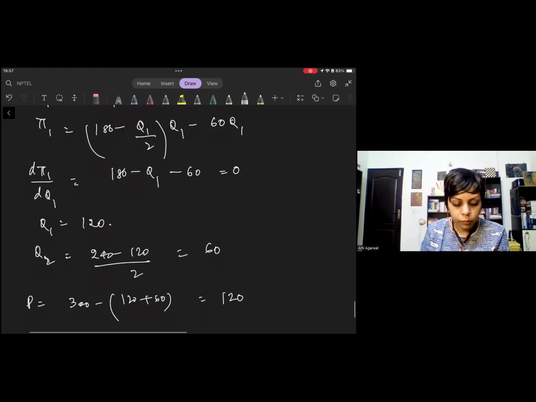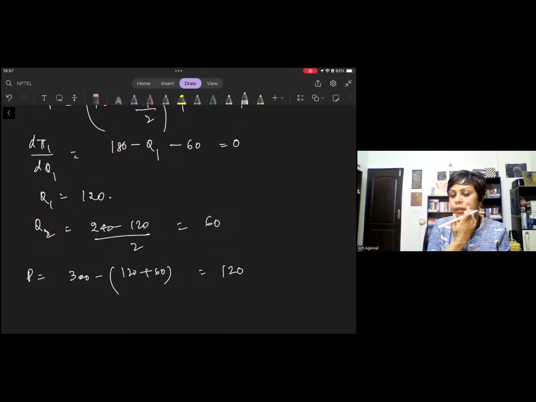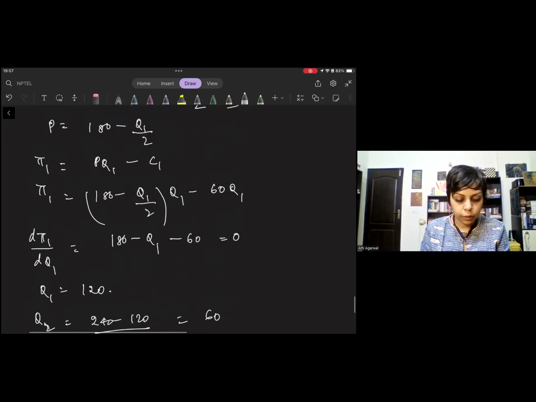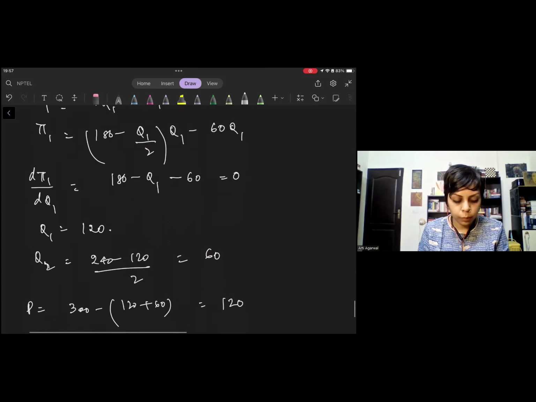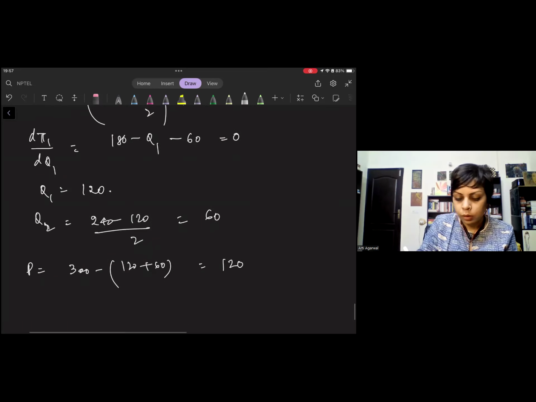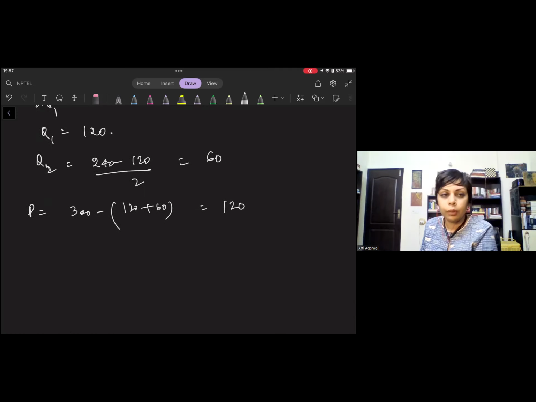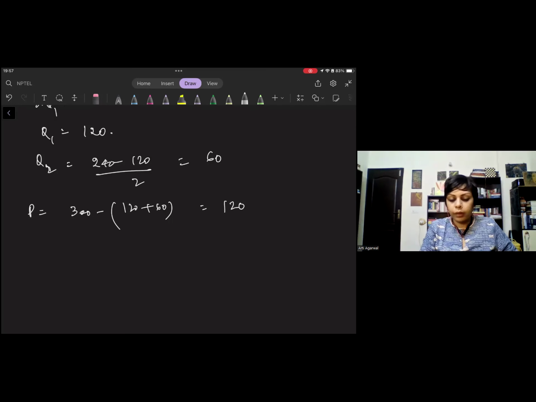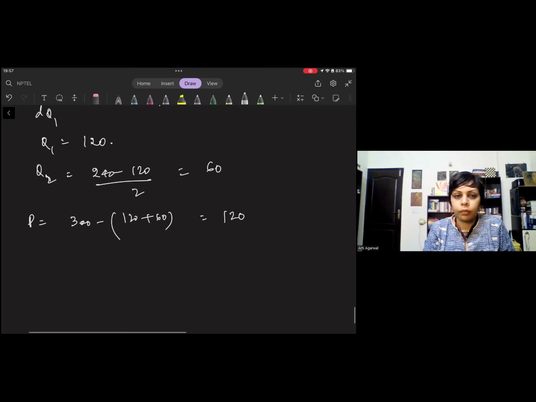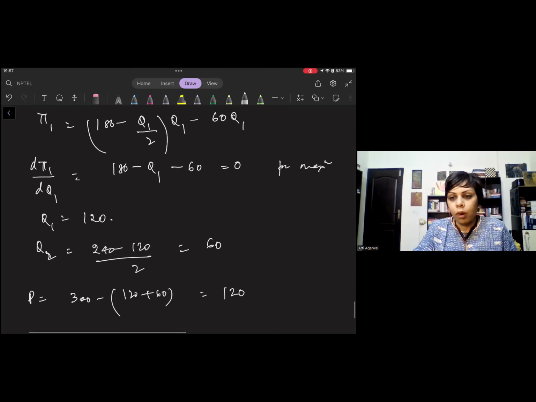And then the rest is pretty straightforward. You write the profit function in terms of q1, you maximize profit. You calculate q1, from there you can calculate q2, from there you can calculate price. So this is the case of a simple Stackelberg model.